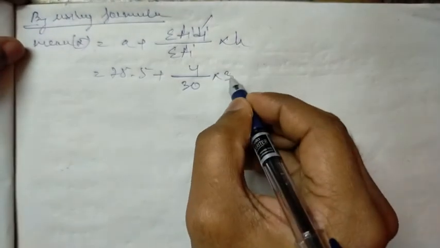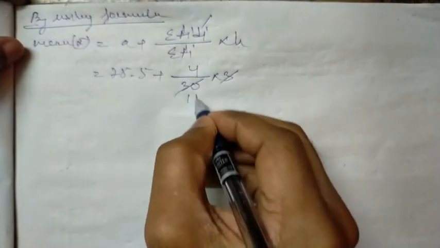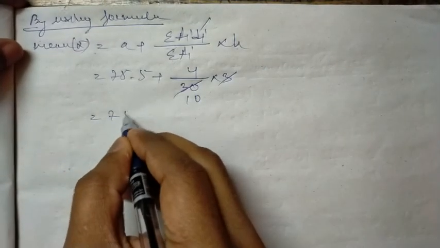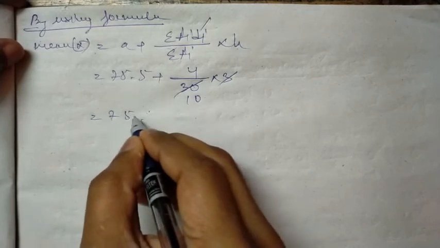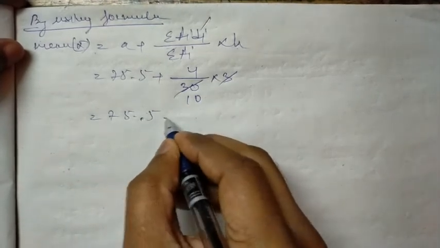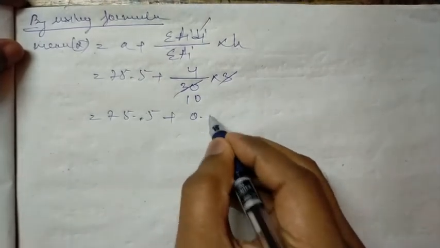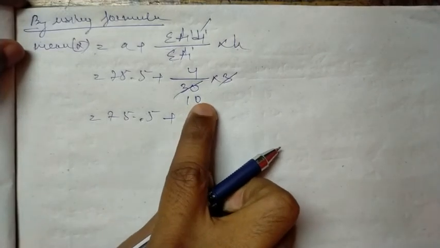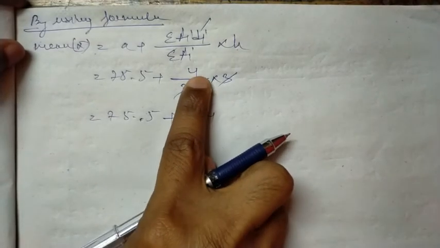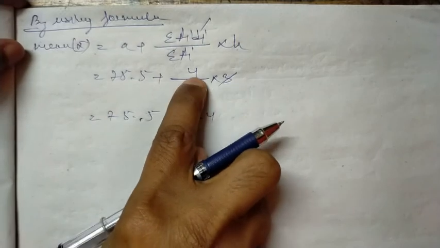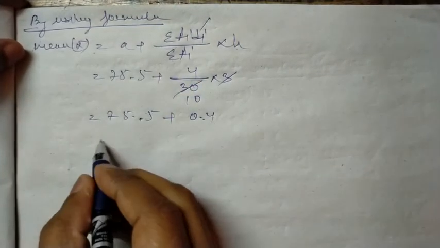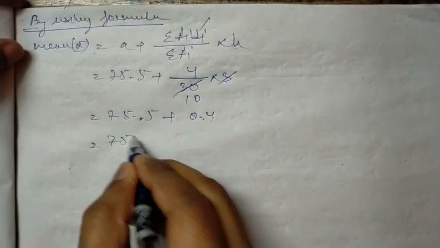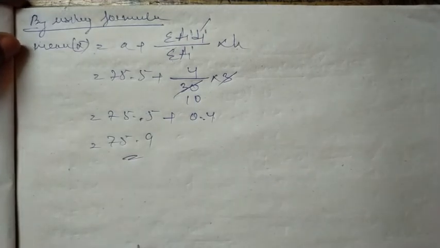We can cancel this, 3 tens are 30. So 75.5 plus 4 by 10, which is 0.4. If you calculate, 75.9 is our answer.